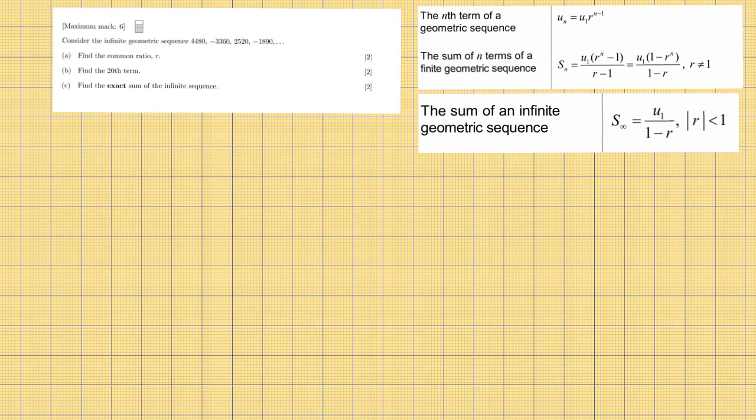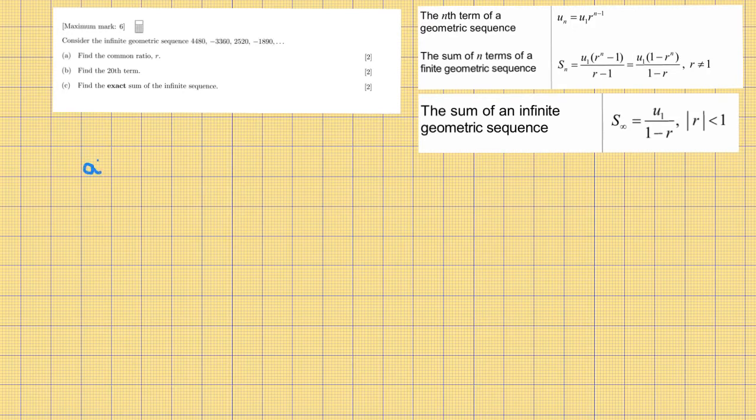Let's look at some typical exam questions. Consider the infinite geometric series 4480, minus 3360, 2520, minus 1890. A. Find the common ratio. That's easy.